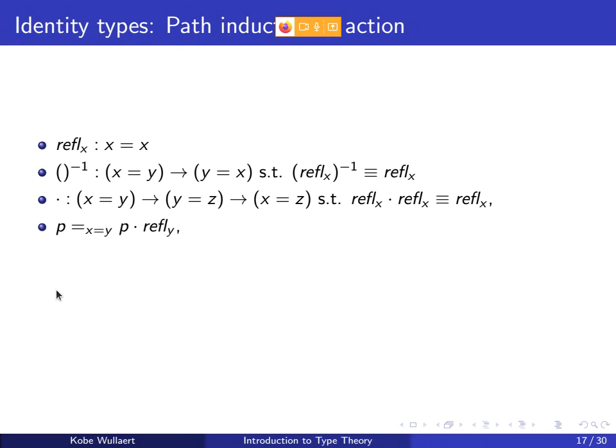I say you have these identity types. If you have something like a equals b, and this is in a type A, where does this identity type live? We take the identity type over an identity type.